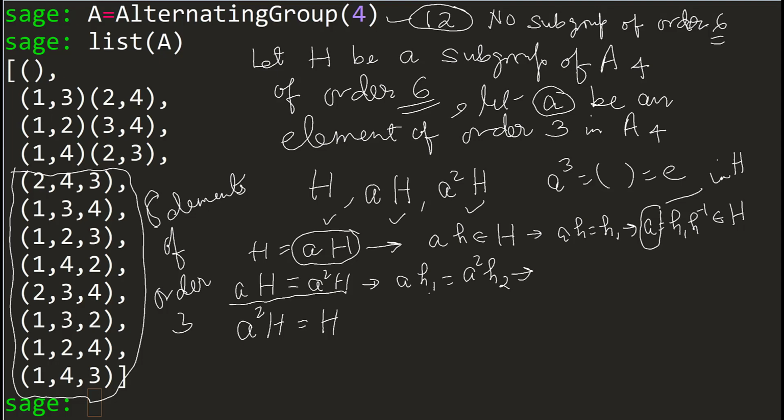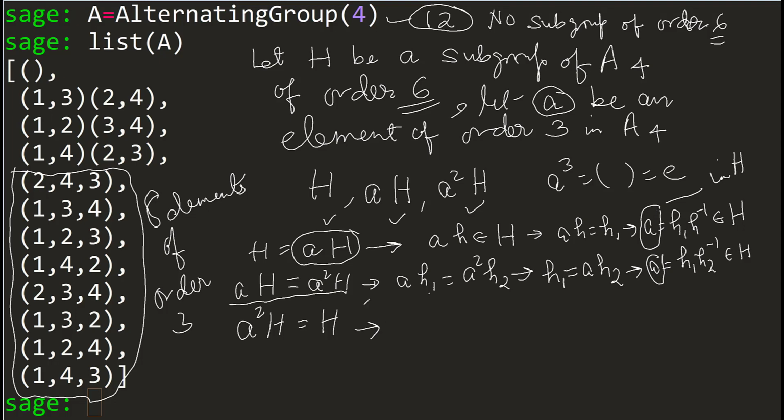Now, if we multiply by A inverse, we get A is H1 H2 inverse, and that belongs to H. So in this scenario also we have A belonging to H.